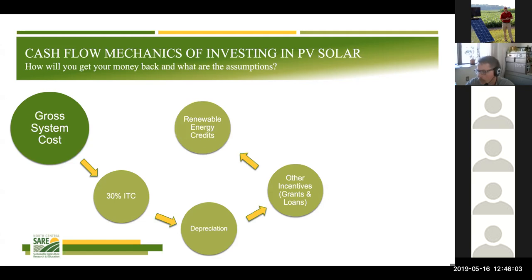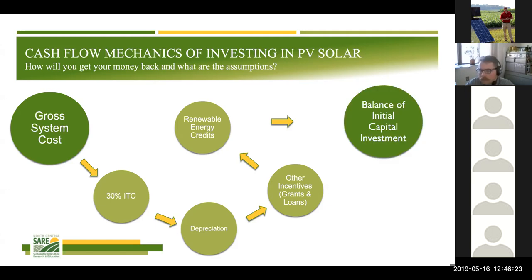Then renewable energy credits. Again, most states offer some form of renewable portfolio standard that has a credit policy included, but not all, so this will be one of those programs that applies a little bit differently depending on which state you're in. And then when we get to this point, this is the balance. These are what I would say are the core incentive programs as they relate to PV solar.